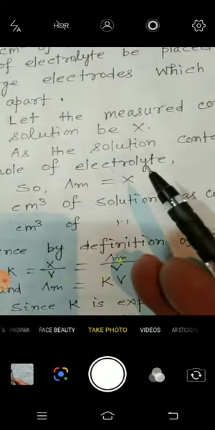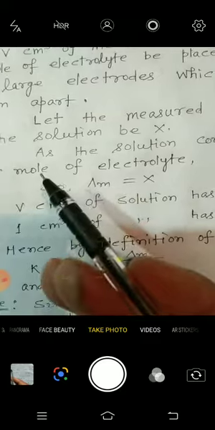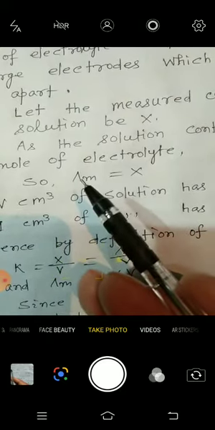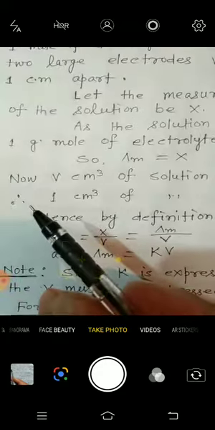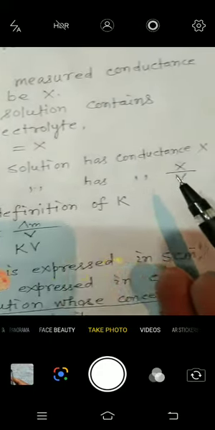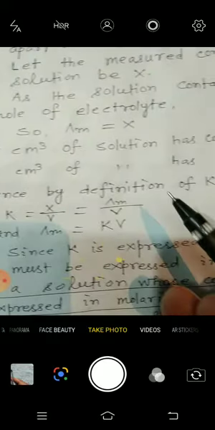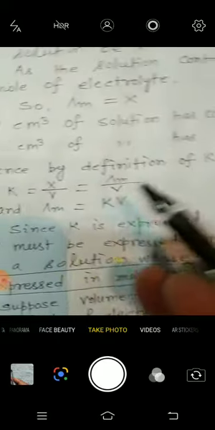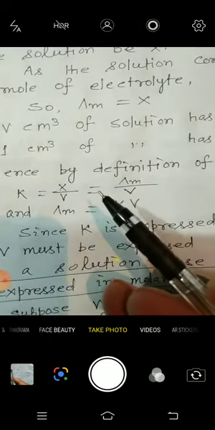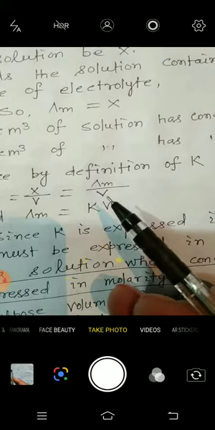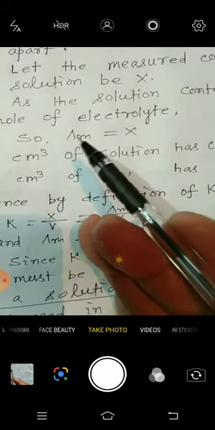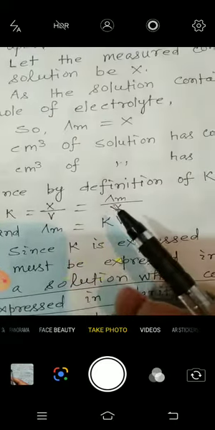As the solution contains 1 gram mole of electrolyte, according to the definition of molar conductivity, lambda will be equal to X. Now V cm cube of solution has conductance X, so 1 cm cube of solution has conductance X by V. Hence, by definition of kappa, conductivity K will be equal to X by V, which equals molar conductivity by V, because X has been replaced by molar conductivity.